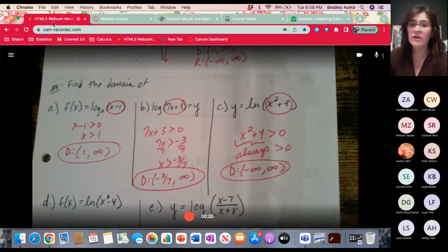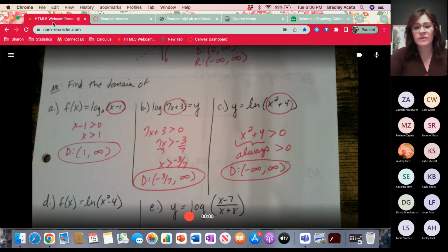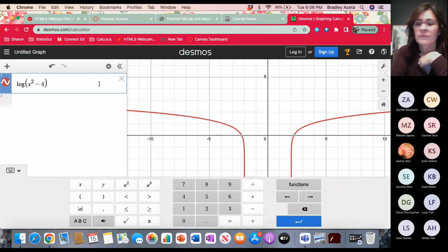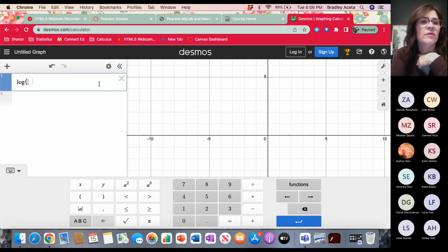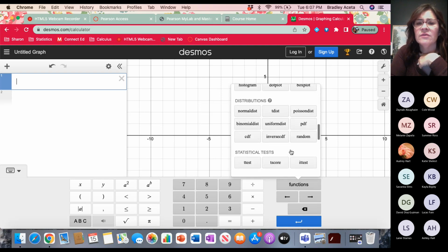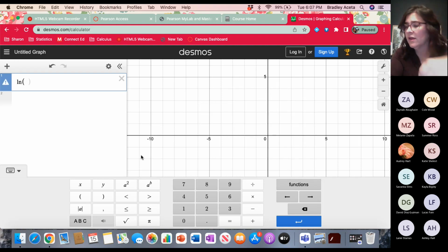And again, if you're ever unsure, just to show you this one right here, go to Desmos. I was playing with a few before. You have to go to function and then down to, I believe, calculus. And there's your logs. There's the ln, but you can actually just type in ln.